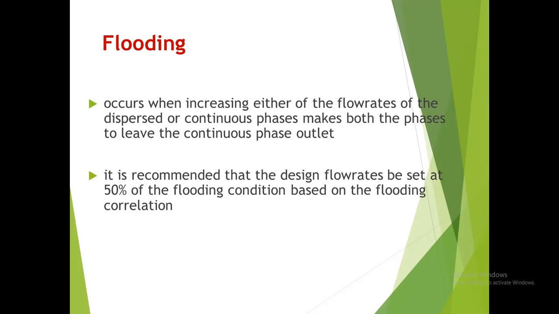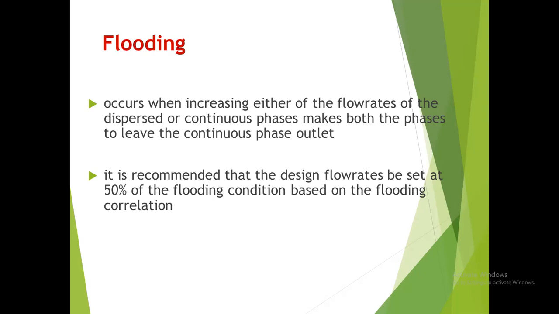So what is in the first place this flooding condition? This occurs when we increase either the flow rate of the dispersed or the continuous phase. So whether you increase the flow rate of the feed or whether you increase the flow rate of the solvent, when increasing such flow rate will make both of the phases, so meaning both the feed and the solvent phases, leave the continuous phase outlet, then we say that your tower is already flooded.